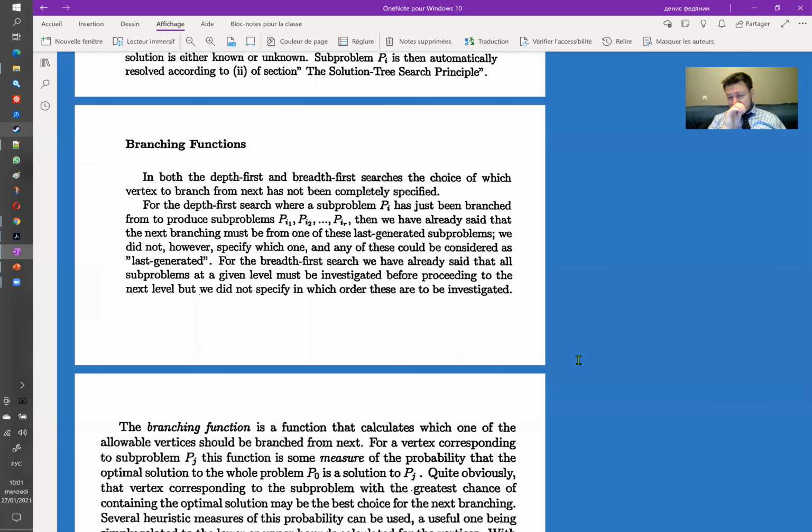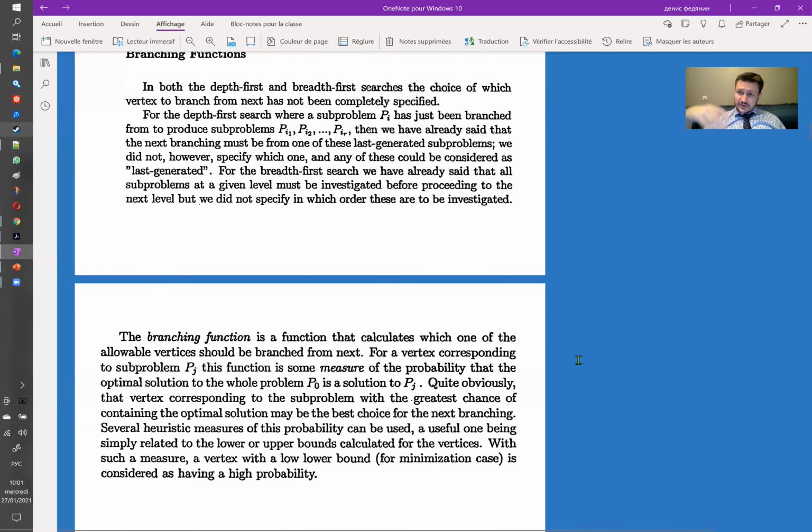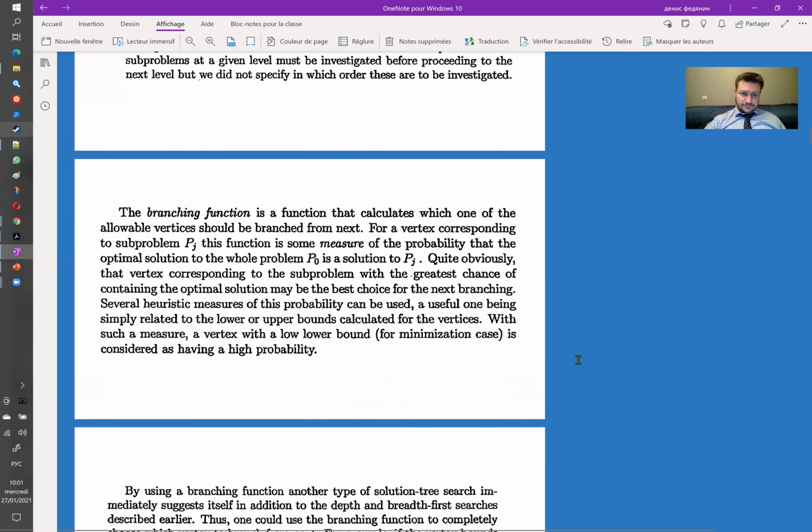It could be, but it's very small. If we don't have such edges, maybe the probability is higher, but still it's not 1 and it is not 0. So we can have such a branching function that will give us a priority of solving this problem.